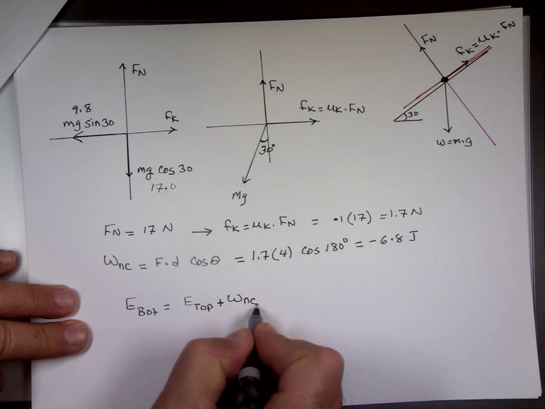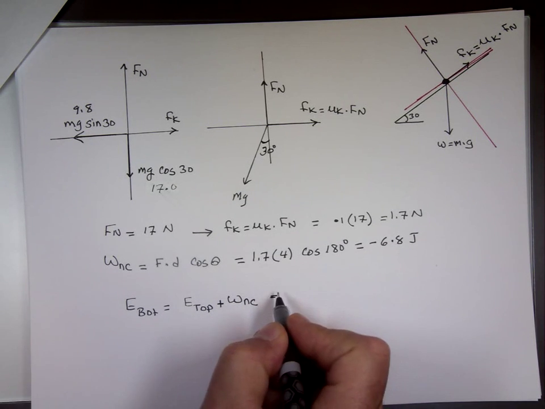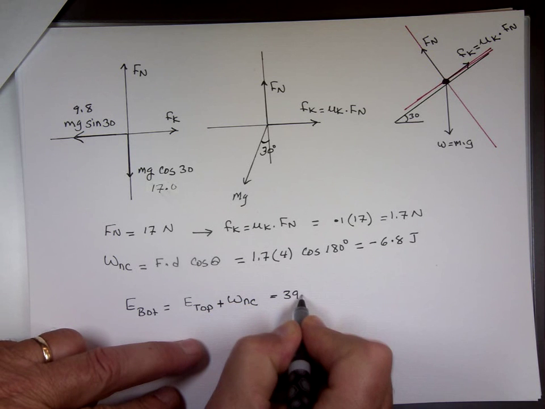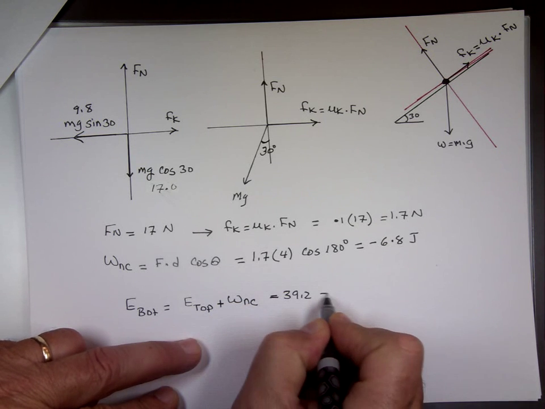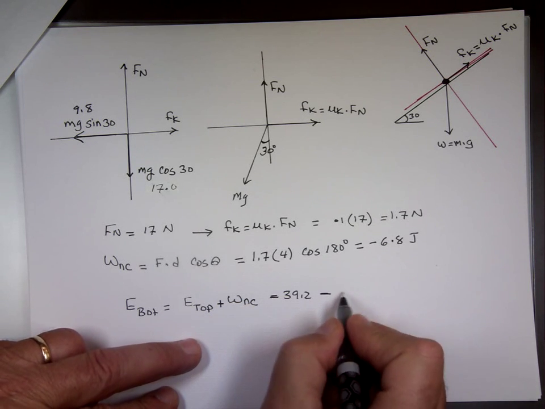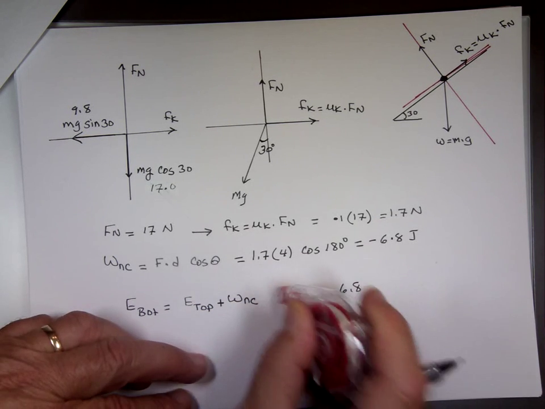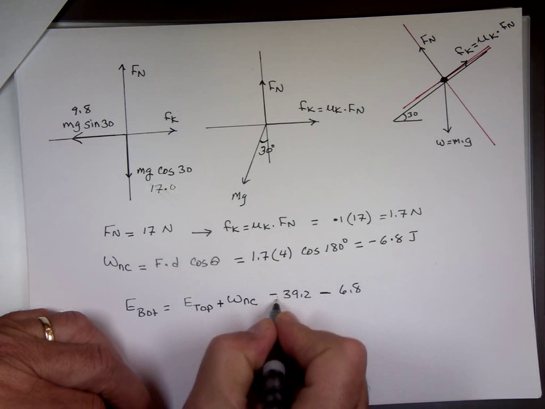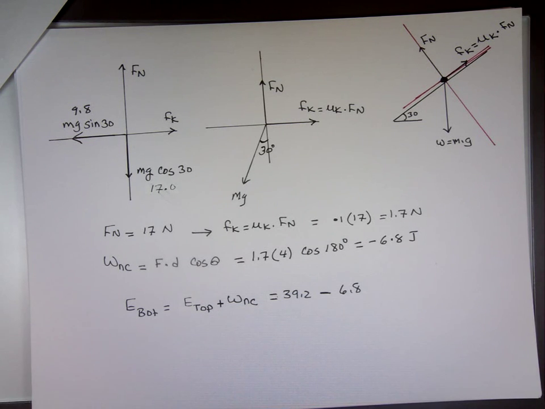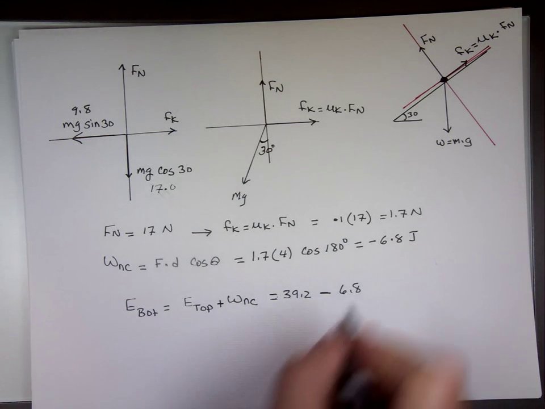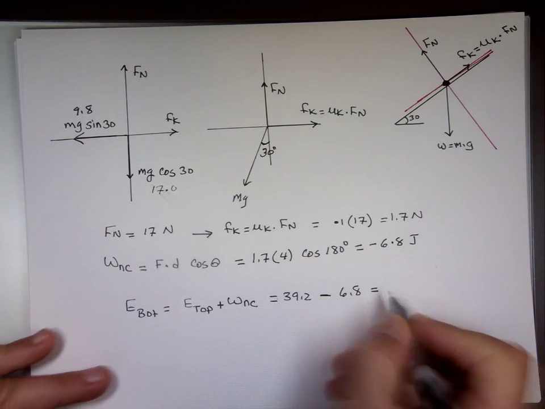So it's going to be what? 39.2 minus 6.8. That's equal. It looks like a minus sign. So 39.2 minus the 6.8. So what's that number?